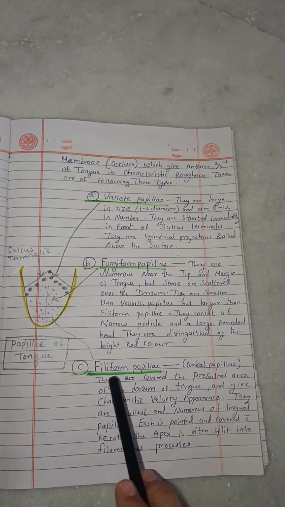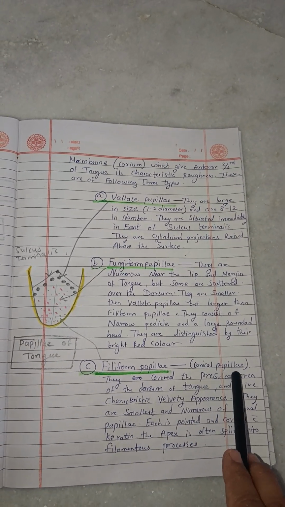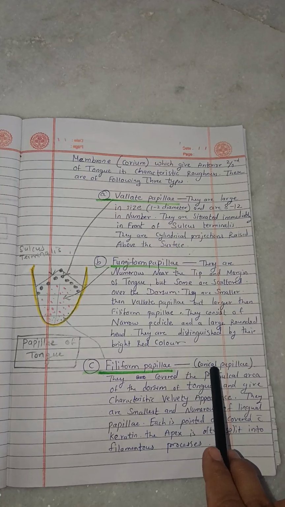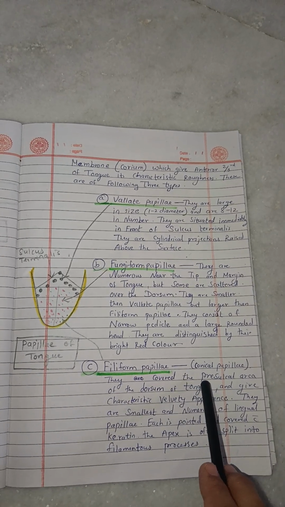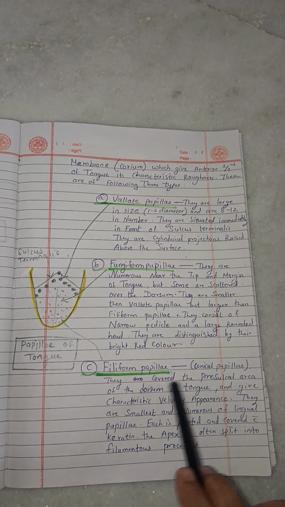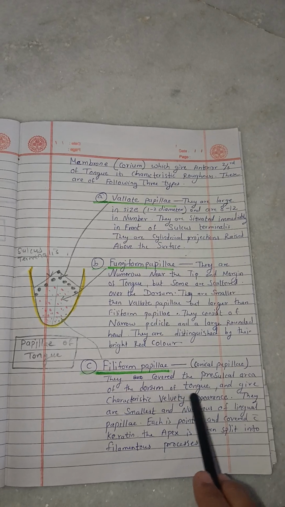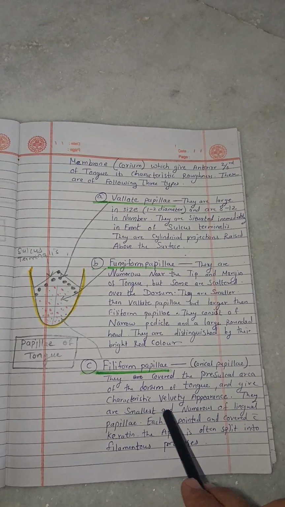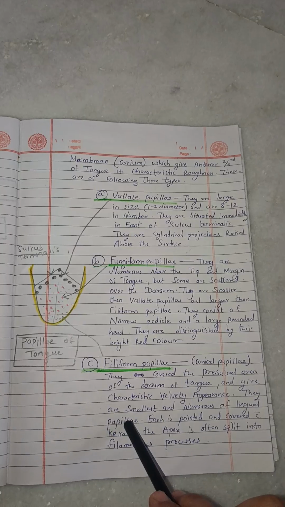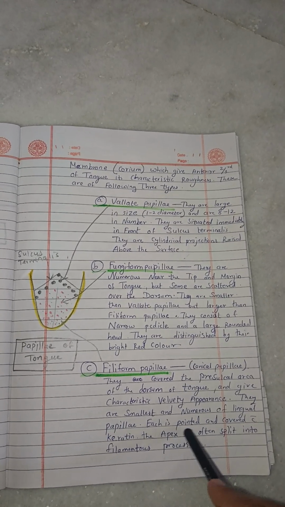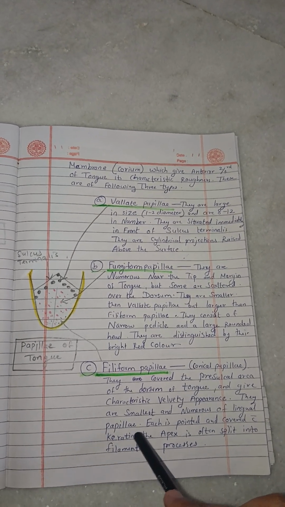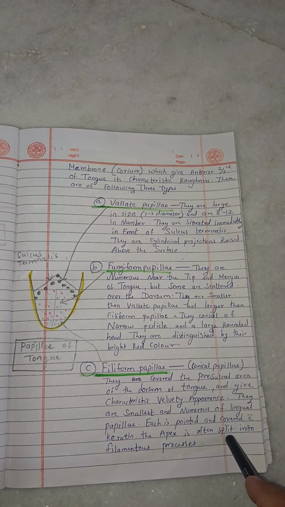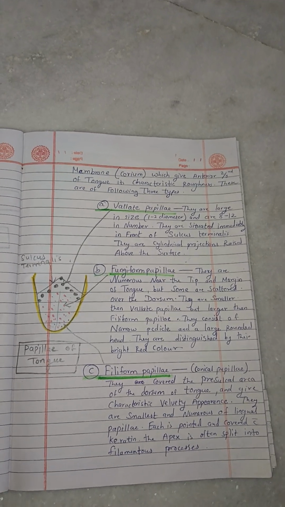Okay, and filiform papillae, also called conical papillae. They cover the presulcal area of the dorsum of the tongue and give it a characteristic velvety appearance. They are the smallest and most numerous of the lingual papillae. Each is pointed and covered with keratin. The apex is often split into filamentous processes.